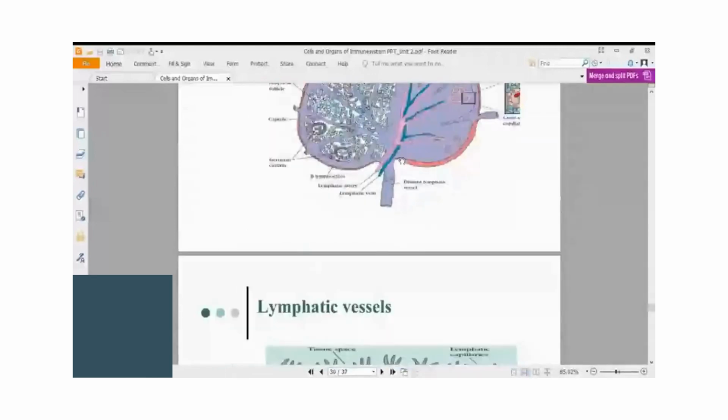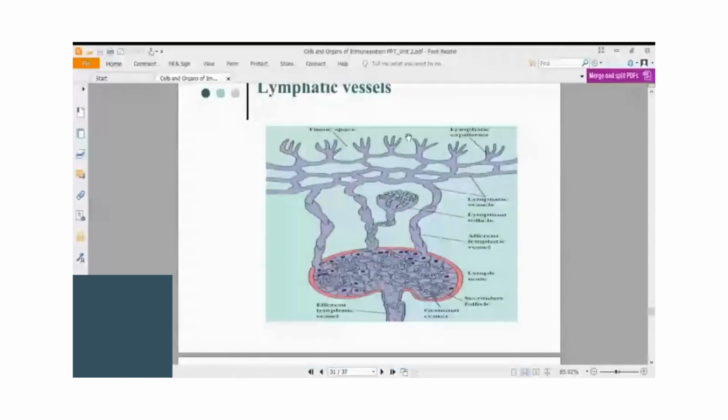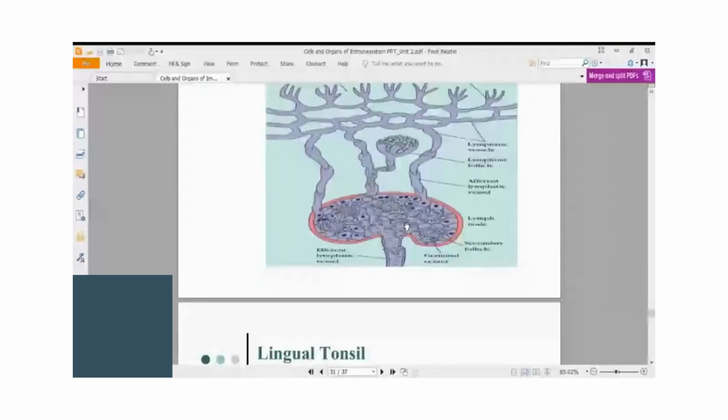Here is the diagram showing lymphatic channels, with a large number of afferent lymphatic vessels coming and emptying into the lymph node, and one efferent lymphatic vessel.